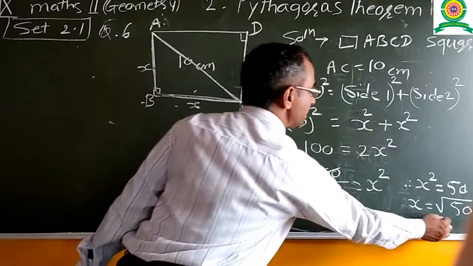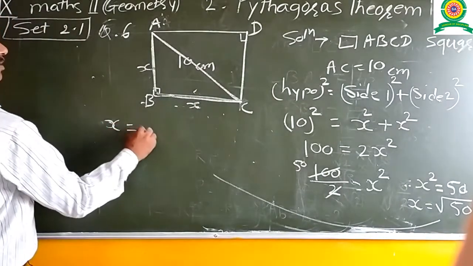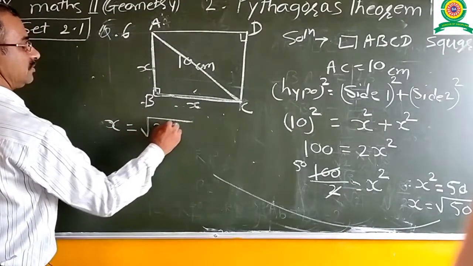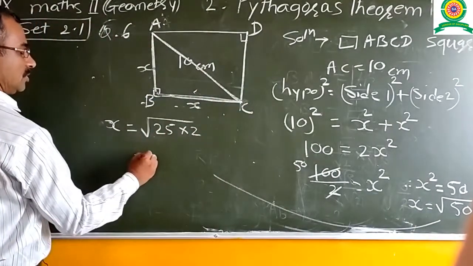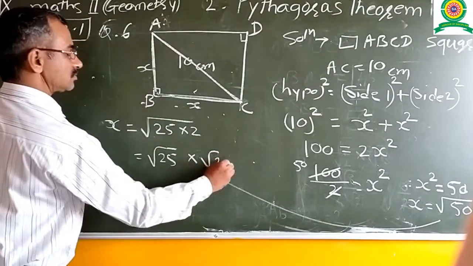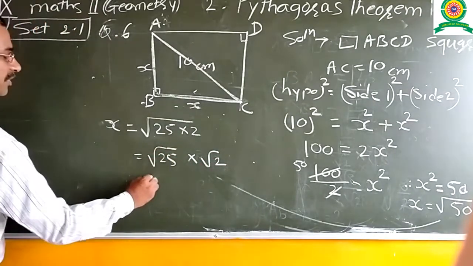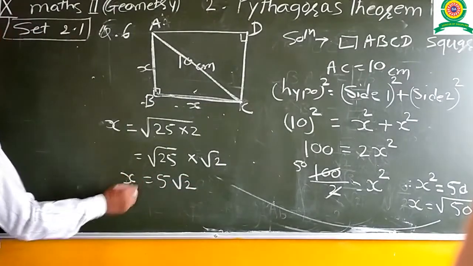Under root 50 is also written as 25 into 2. Solving this, the square root of 25 is 5, root 2 remains as it is, so we get the value of x.